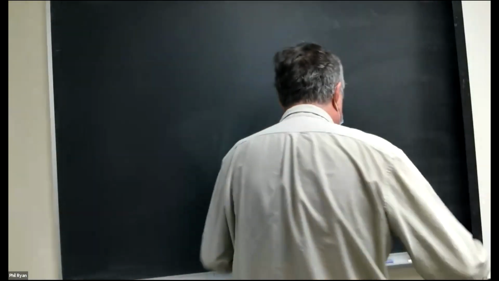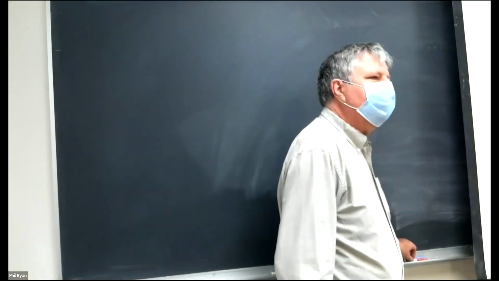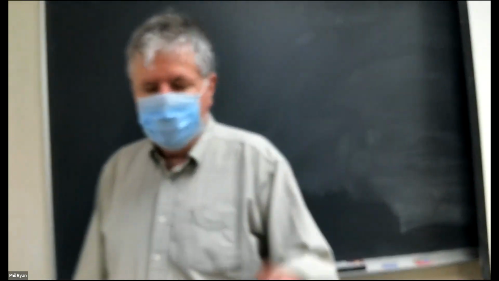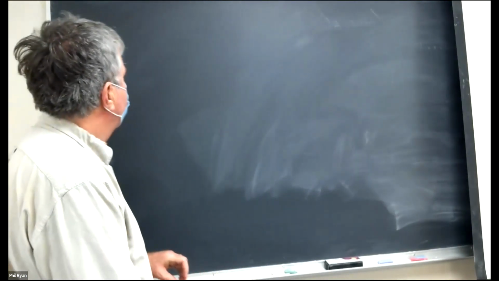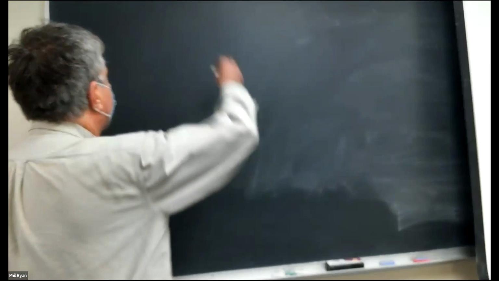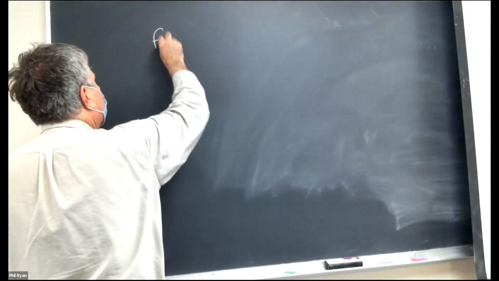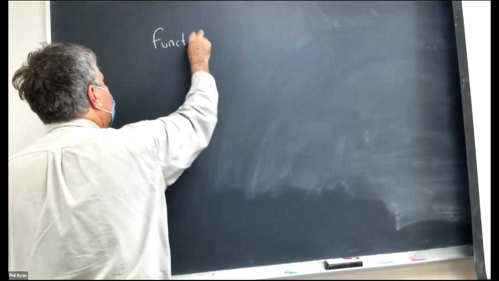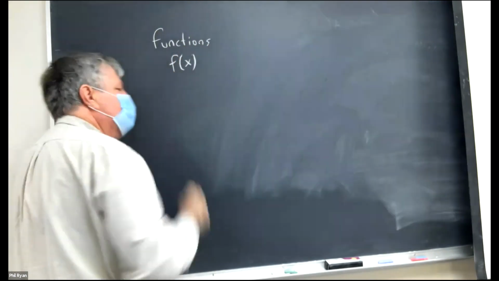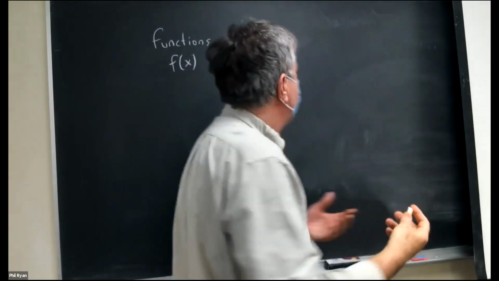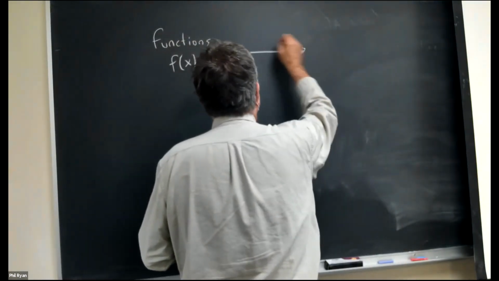So as I said on Monday, we're starting a whole new section this week, when we start talking about integration. How we started was we started looking at functions. So we had functions, let's call it f of x, that measures something, and we do this thing called differentiation.